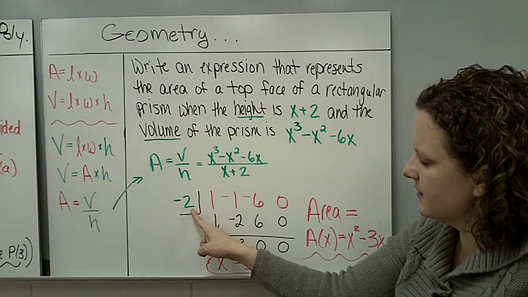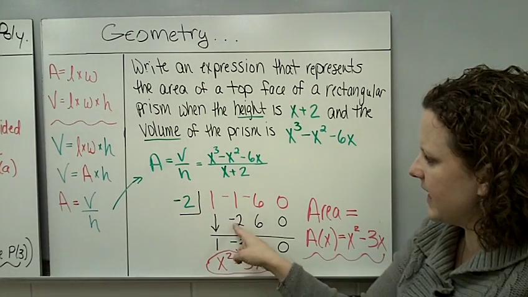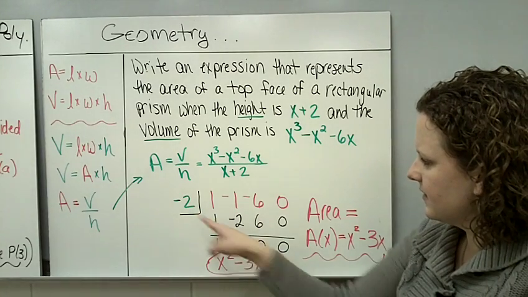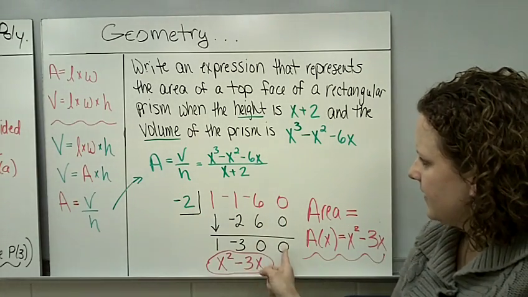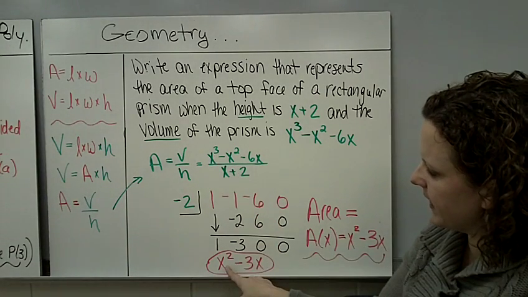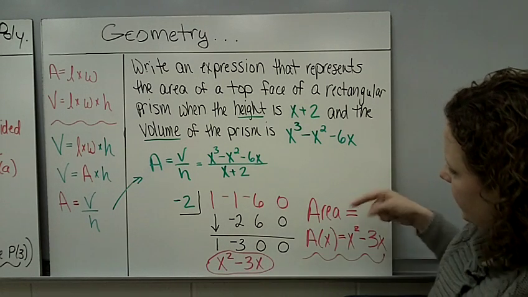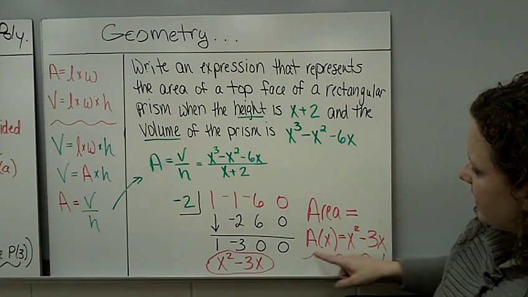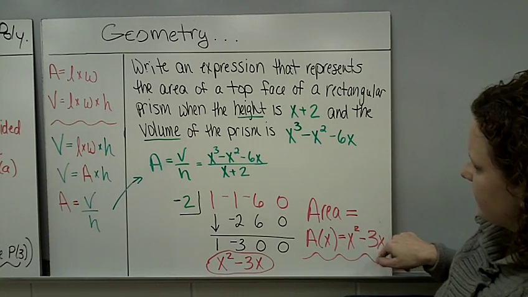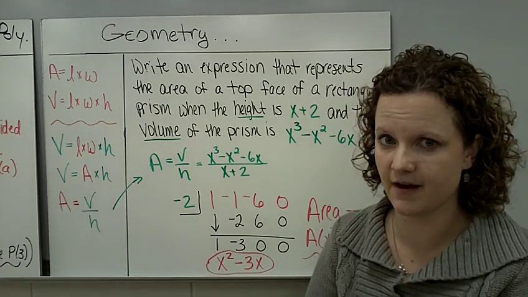It goes right there. Drop your first coefficient down, -2, add. +6, add. 0, add. Our beginning problem is cubed, so our answer is squared. I don't have any remainder, so our area can be written as A of x is x squared minus 3x. We came up with an expression that represents the area.